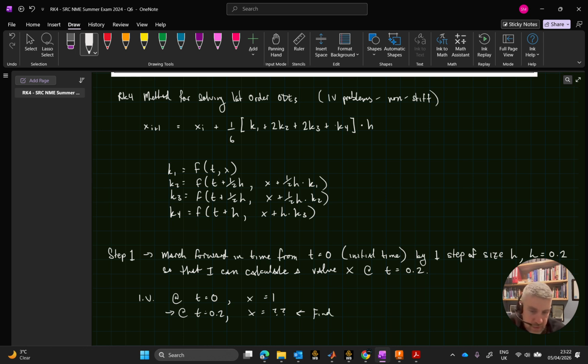So initial value, x of 0 is equal to 1. Here, x of 0.2 is equal to who knows. This here is equal to x of i for this step. This here is always going to be the x of i plus 1, plus the step, 1 step.